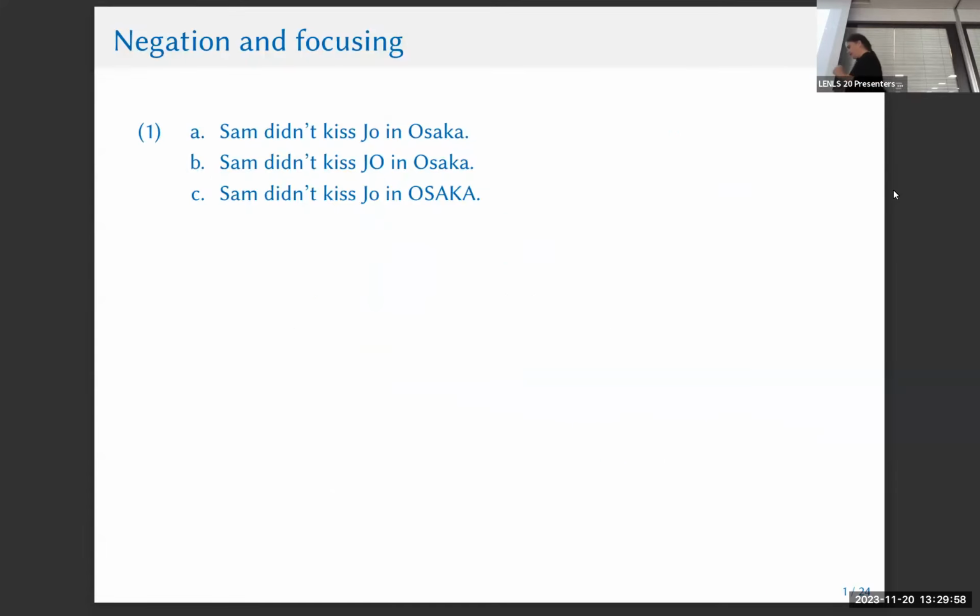Today, I would like to talk about examples like that. The plain negation, Sam didn't kiss Joe in Osaka, but if you have a focus on, for example, one of the arguments here, Sam didn't kiss Joe in Osaka, or didn't kiss Joe in Osaka, it has, of course, some different meaning, right?